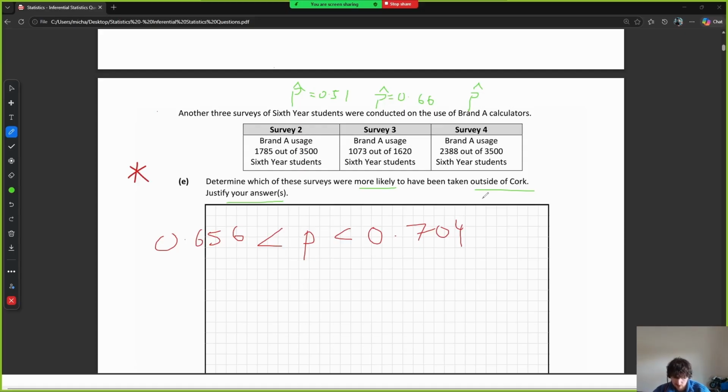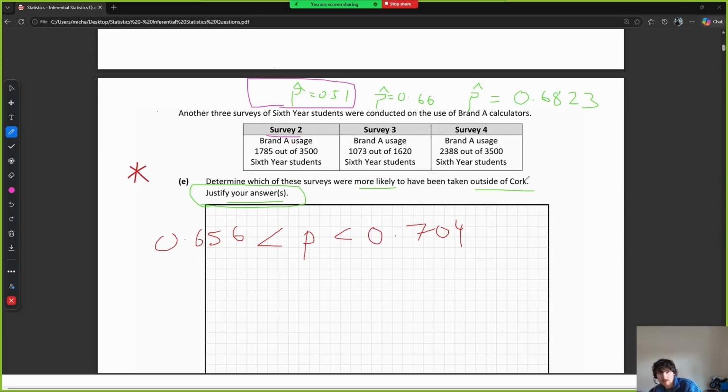And then the other one is 2388 divided by 3500. And again, that's in our interval, that's 0.6823. So the justification for this is that this p hat for wherever survey 2 was taken is very different to what we estimate the population proportion to be for County Cork, where this was from.